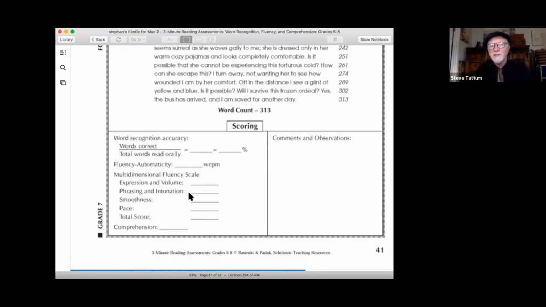Generally, I find the scores in these are pretty much the same. If a kid has no expression, very little phrasing, smoothness, pace, it's 1. If he's a start 1, he's going to be here. If he's a start 2, he's usually getting 2s here. If he's a start 3 or 4, he's often getting like a 3 here. If he's a 5, he may be getting 5 or the max score.